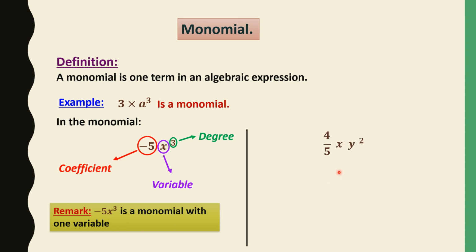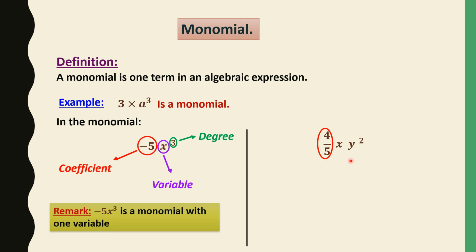Let's see another example. Here we have the monomial 4 over 5xy squared. In this monomial, the coefficient is the fraction 4 over 5. Here we have two different variables. This is not a monomial with one variable like the previous example.